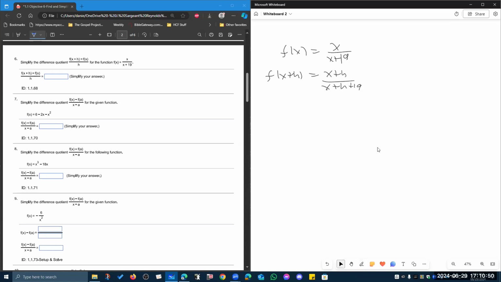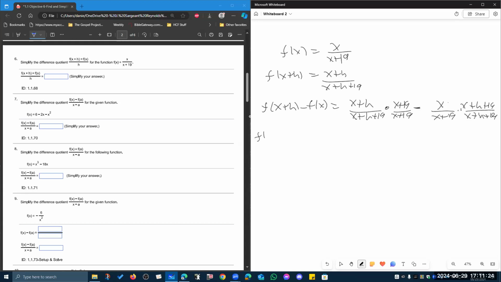So when I subtract, f of x plus h minus f of x is x plus h over x plus h plus 19 minus x over x plus 19, multiplied by x plus 19 over x plus 19, and over here by x plus h plus 19 over x plus h plus 19.